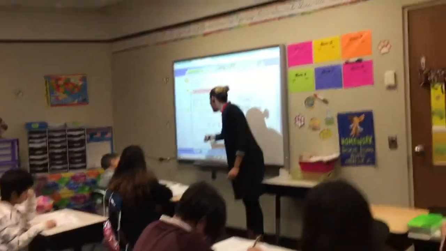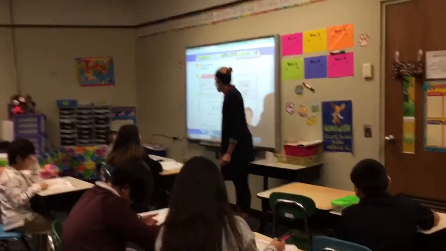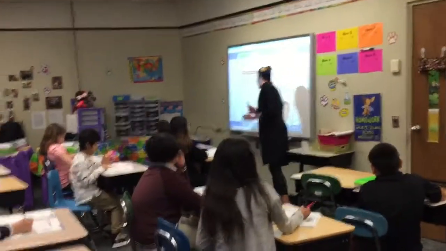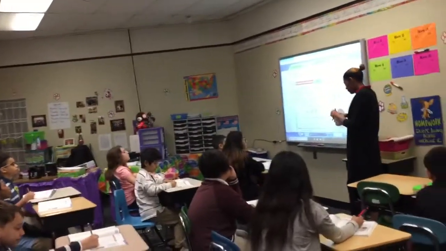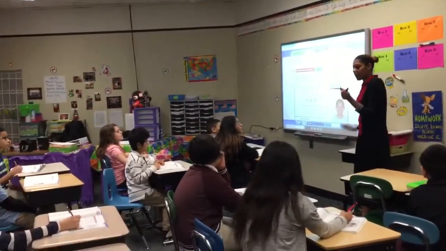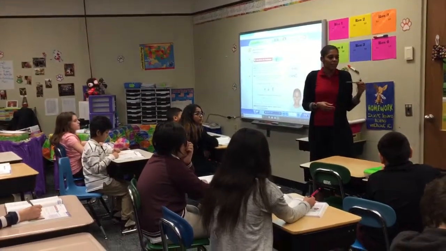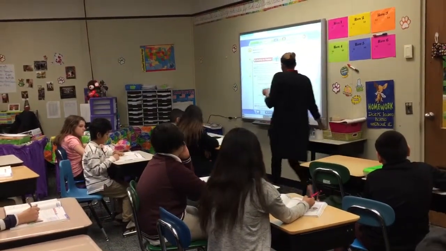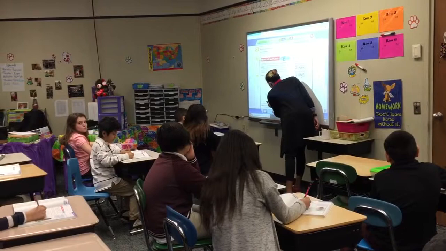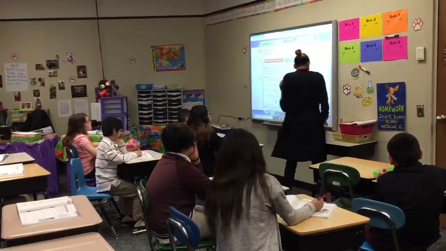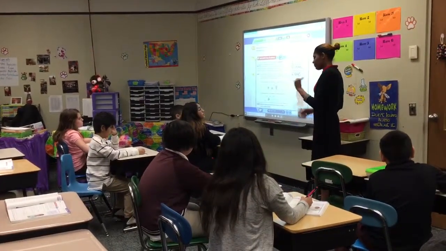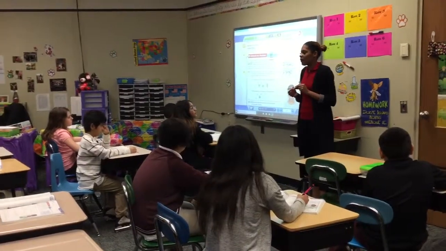Then it says the sequence for the number of songs each week is 6 plus 6. Madeline, what is 6 plus 6? 12. And 12 plus 6? Talana, what is 12 plus 6?